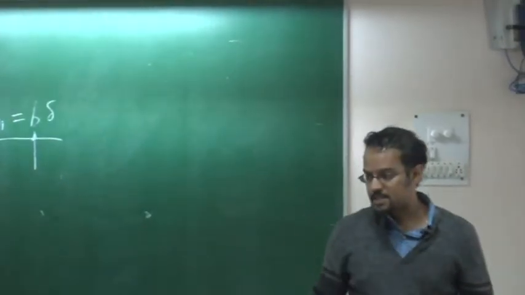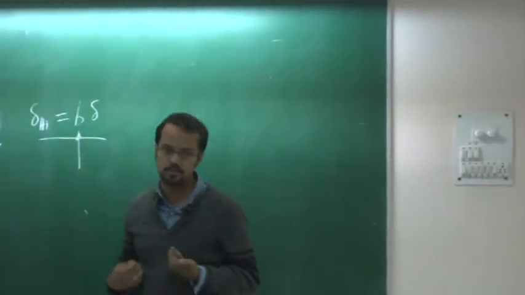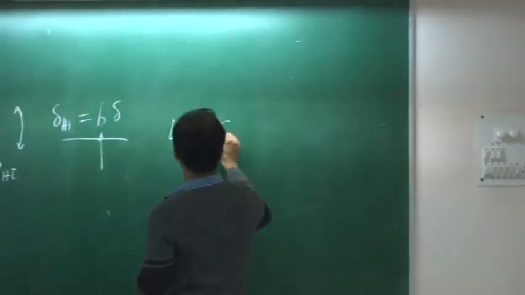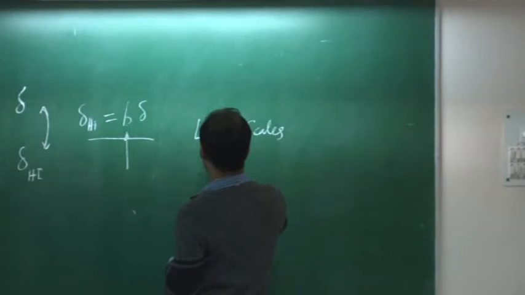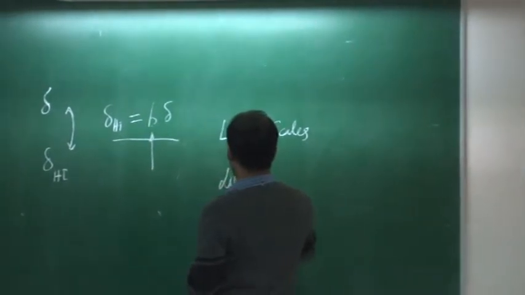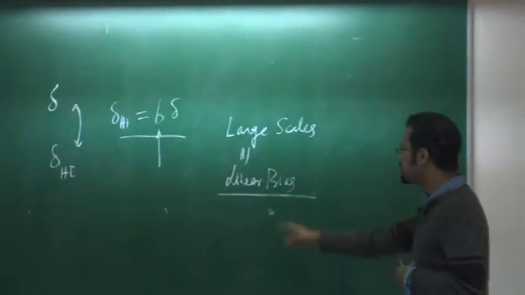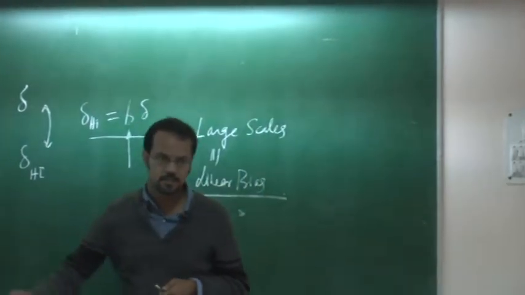But at large scales, it is reasonable always to use what is called a linear bias model. So at large scales, we have a linear bias. By linear bias, I mean a bias which is just a constant, a number.